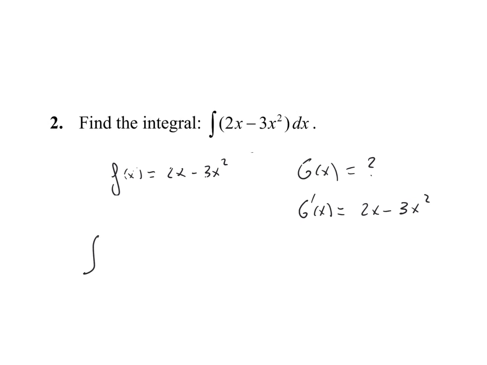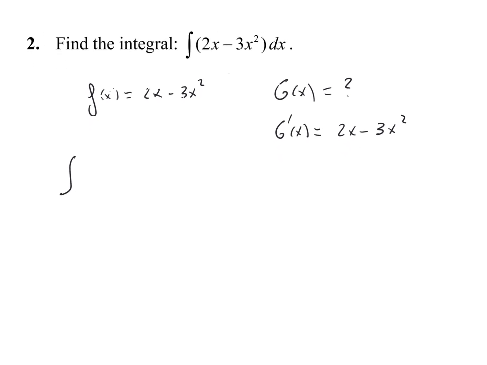And we'll do it like this. The integral of 2x minus 3x squared dx, the integral of a sum or a difference, is the integral of the first minus the integral of the second, 3x squared dx.